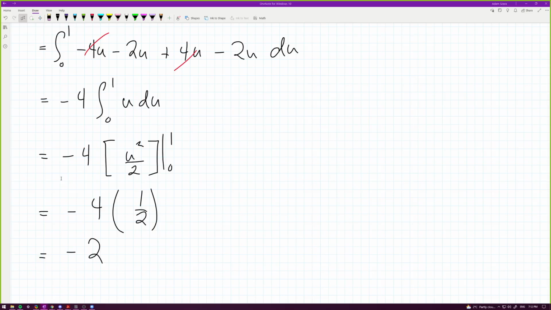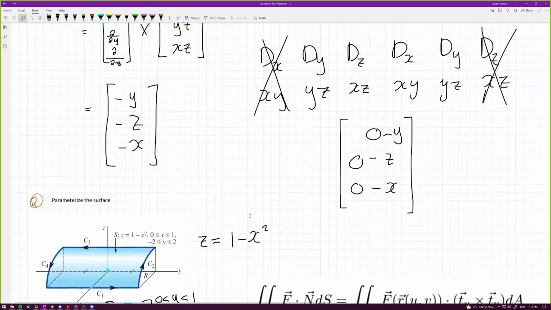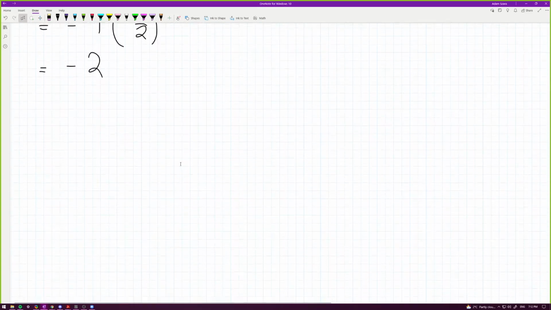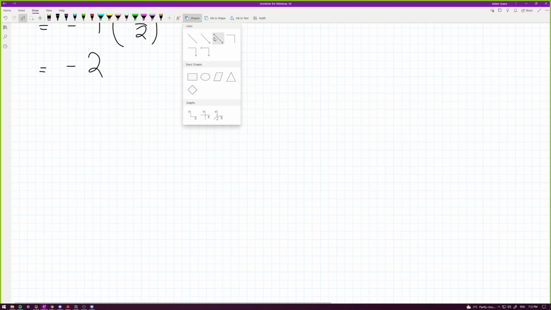So that would be the answer for Wilbur. Okay. Then let's continue. We have the left side to do now, right? So I'm going to do the left side just to verify we got something that makes sense.